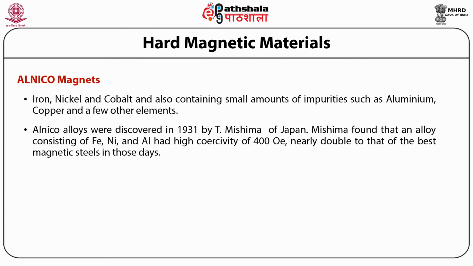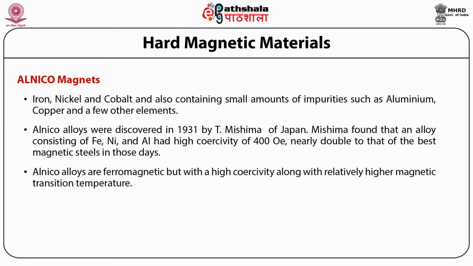It was discovered in 1931 by T. Mishima of Japan. Mishima found that an alloy consisting of iron, nickel, and aluminium had a high coercivity of 400 oersted, which was nearly double that of the best magnetic steels in those days.